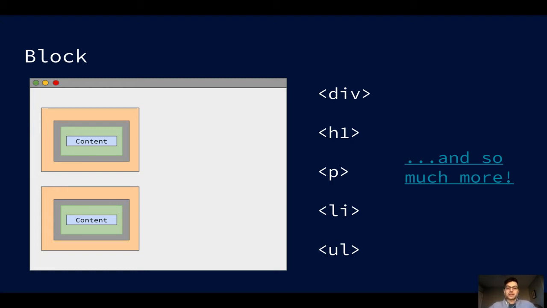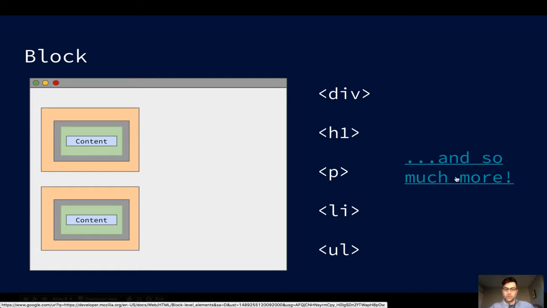So blocks are types of elements that take up the full width of the page and stack vertically. A lot of the elements you use are going to be blocks: div, headers, paragraphs, lists, unordered lists, and a ton more. I put a link here to the Mozilla Developer Network, where there's a list of them. These are something that you come across a lot.